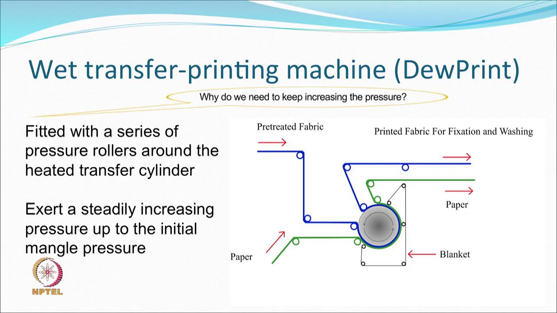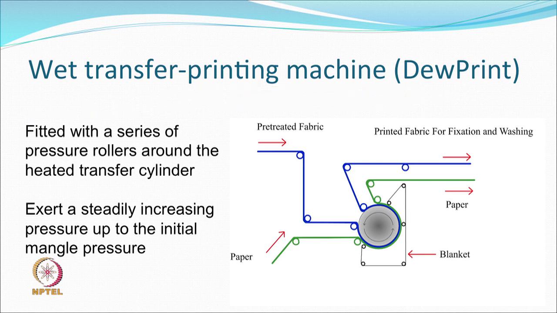Why do we need to keep increasing the pressure? Right. Initially, the material when it goes, you allow some water to get heated, some steam to get generated, and then because the concentration of the dye on the paper is high, you expect the transfer will start taking place.